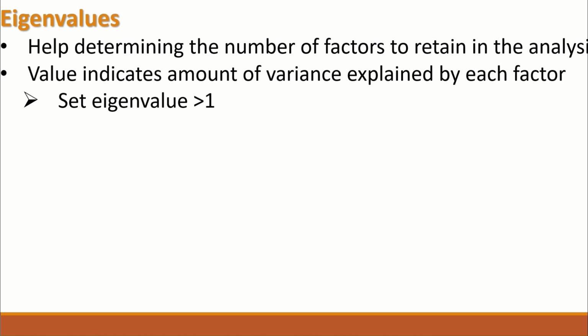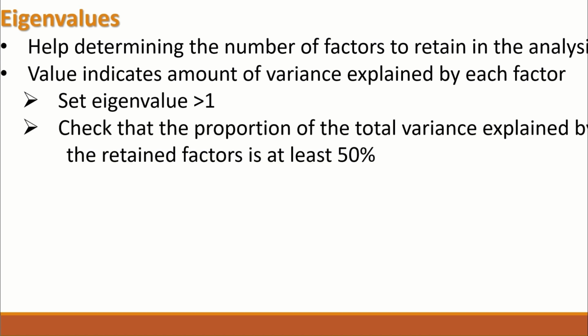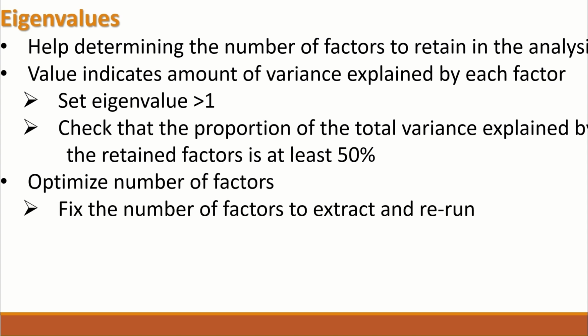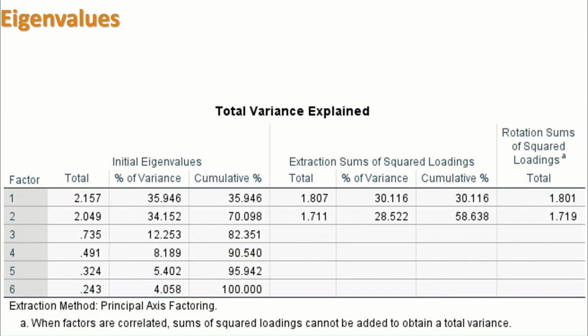Usually, by default, the eigenvalue is set at a value greater than 1, and the eigenvalues will generate a table, and we need to check the proportion of the total variance explained by the retained factors, and this proportion has to be at least 50% and greater. The eigenvalues can help in optimizing the number of factors and then determining and fixing the number of factors to extract and perform the rerun of the analysis.